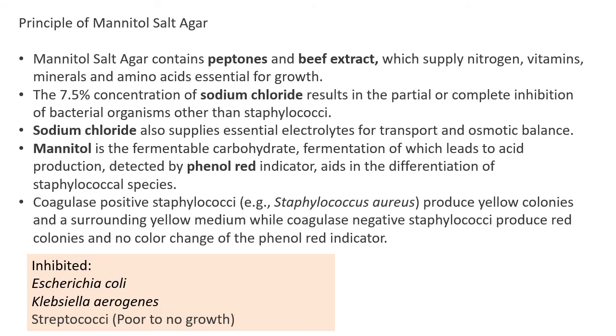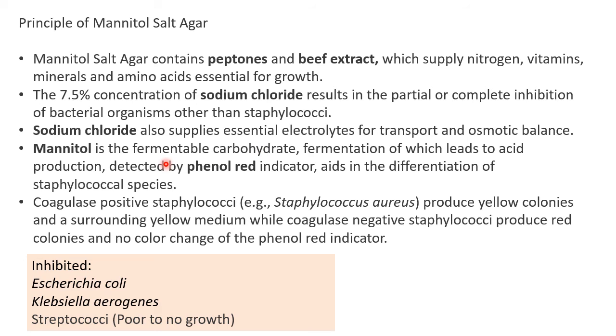Now about the principle of mannitol salt agar. It contains peptone and beef extract, which supply nitrogen, vitamins, some minerals and amino acids essential for the growth of Staphylococcus aureus. It contains 7.5% of sodium chloride, which results in partial or complete inhibition of some bacterial cultures other than staphylococci. Sodium chloride also supplies essential electrolytes for transport and osmotic balance.